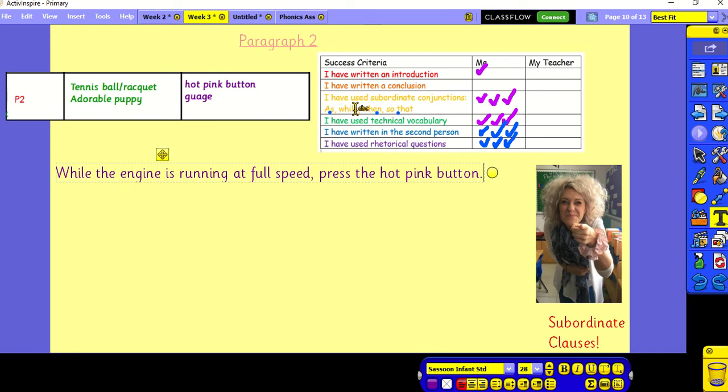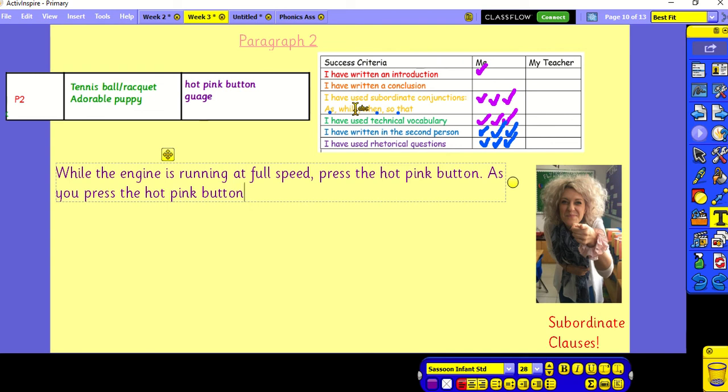Now, why press the hot pink button? What happens when you press the hot pink button? As you press the hot pink button, what shall we have? The tennis ball and racket or the adorable puppy? I think the tennis ball and racket.